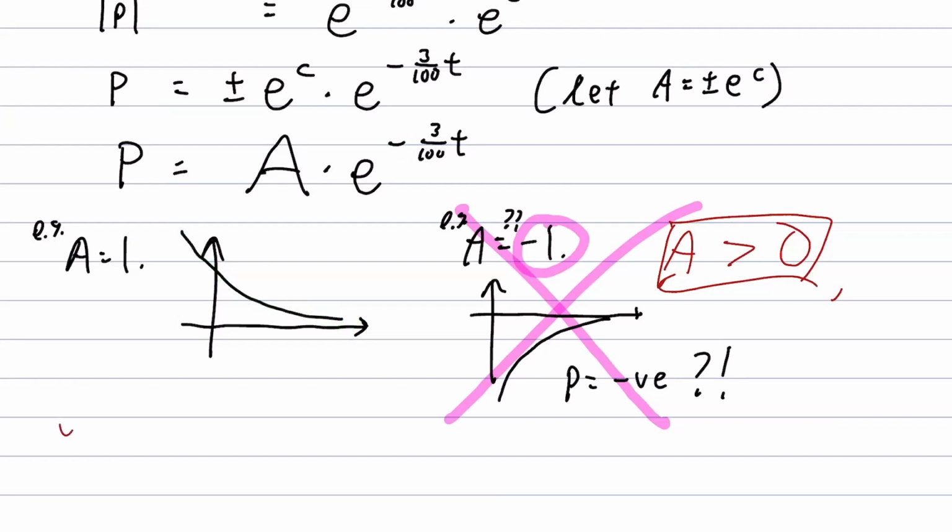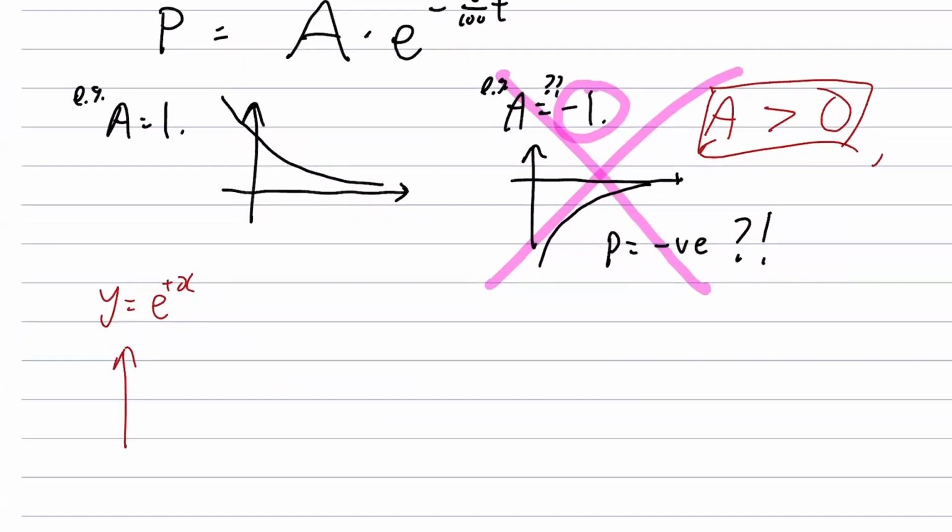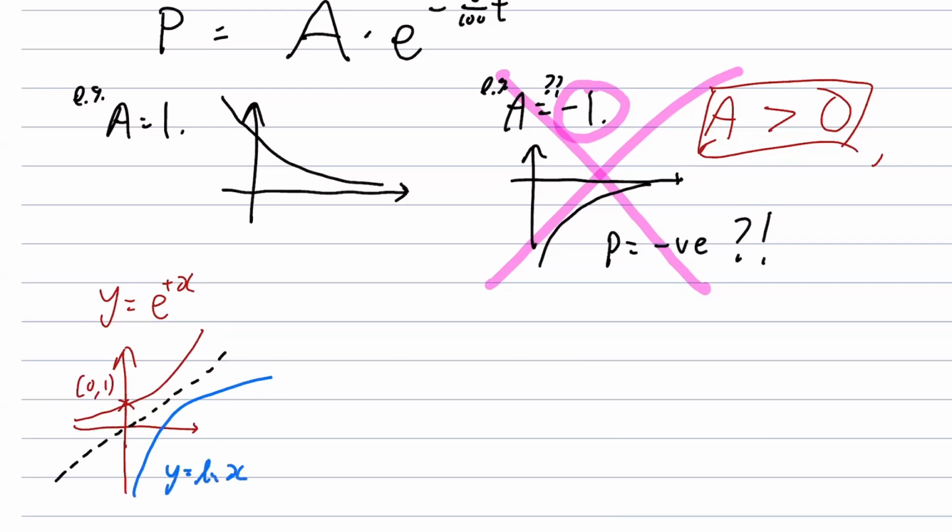Please remember, y equals e^x, exponential positive x. The graph looks like this, intersecting at (0, 1). This is extra, not exactly relevant for now, but same topic: the ln graph looks like this. Please remember this.